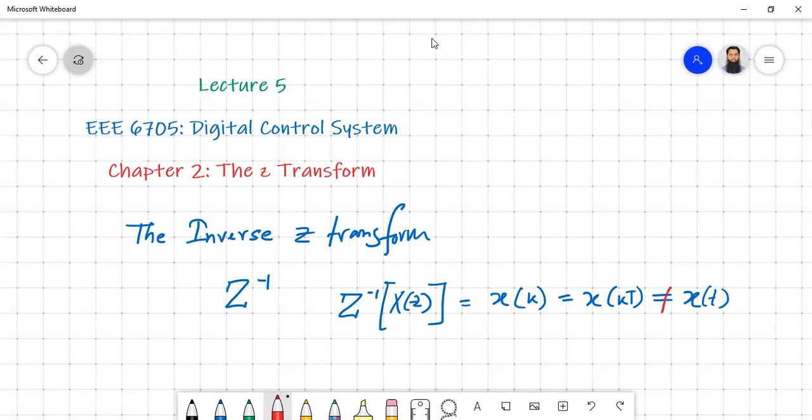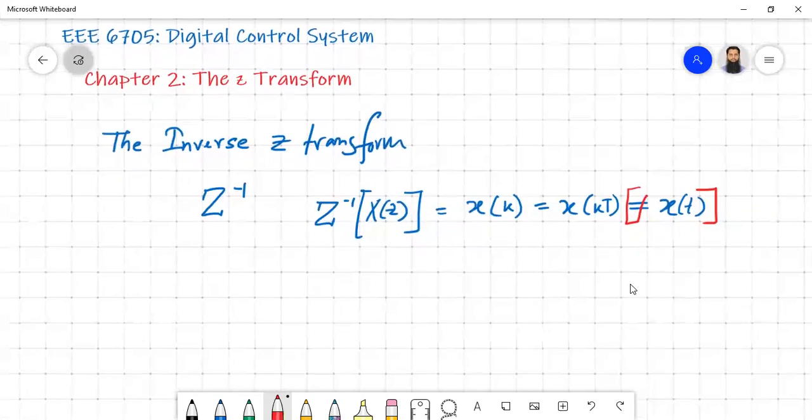Rather, we get time samples. For finding the values in between the samples, we have to introduce a zero order hold or first order hold, some hold circuit or mechanism, to make it a continuous time signal. We should say piecewise continuous time signal rather than an actual continuous time signal.